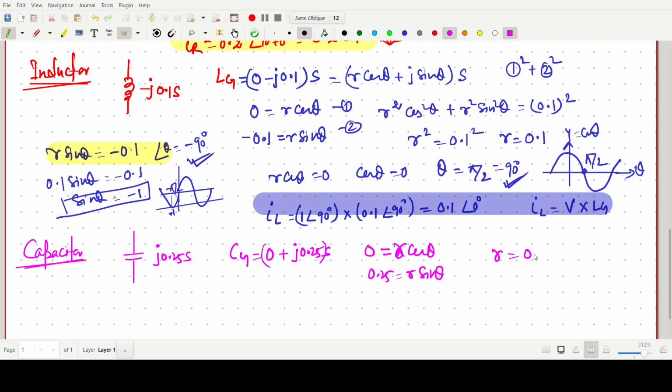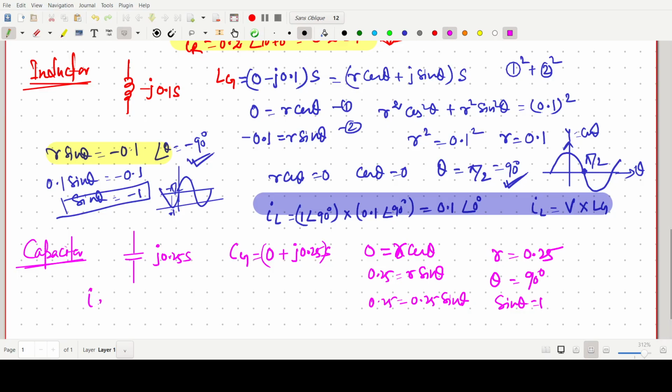So the r value will be 0.25, by squaring both equations and adding. R sin theta is 0.25, r is 0.25, so sin theta equals 1, so theta equals 90 degrees.